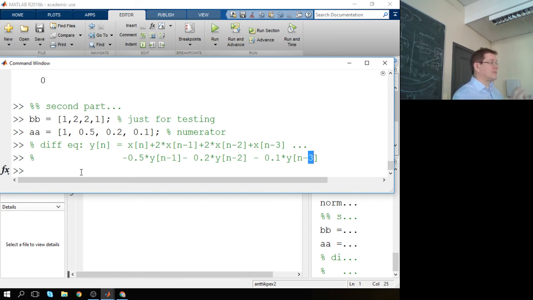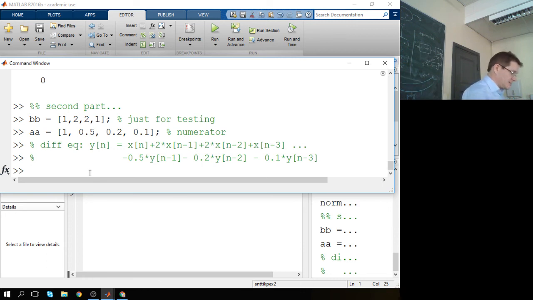Okay, so I didn't make many mistakes here, did I? No, not many. Good. So that's the system, and that's also the coefficients for the transfer function. Let's take a look at the z-plane, just for fun. That actually defines whether the system is stable or not.